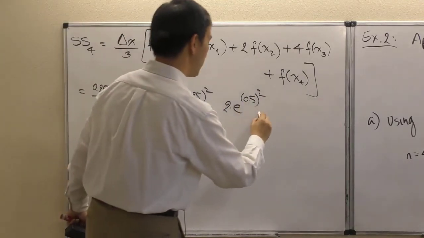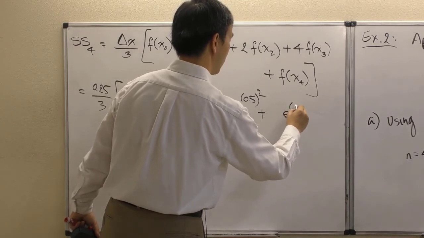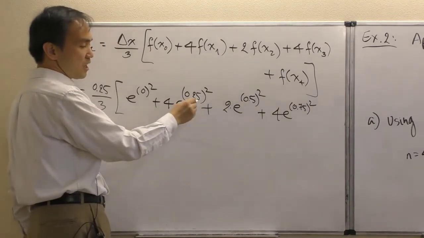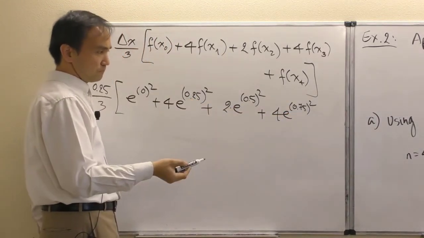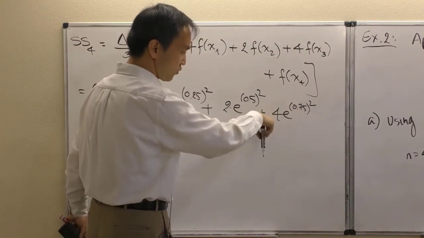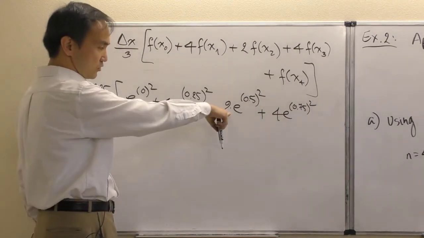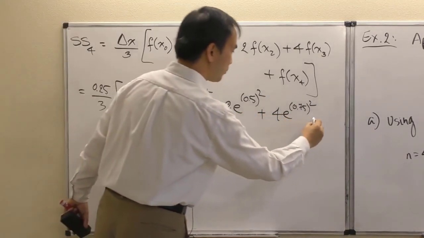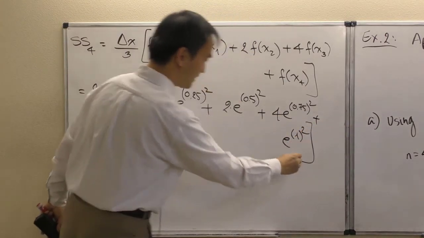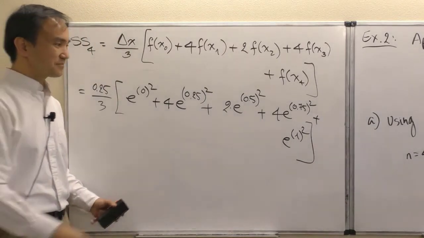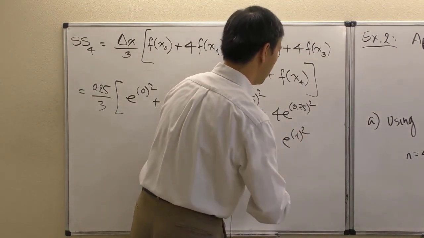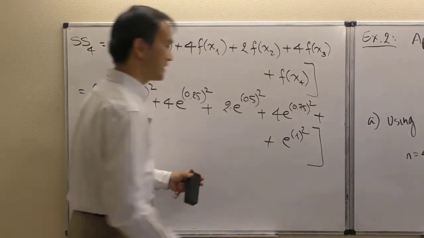Then f of x3 is e to the 0.75 squared, but 4 times, because anywhere we hit an odd-indexed partition point, we have to multiply our function at that value by coefficient 4. Other than that, there's the beginning one and the last one. The last one is e to the first power squared, with coefficient 1. That's how it works, and then we add them up.